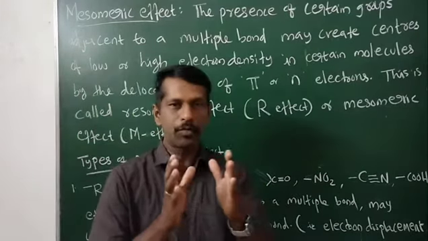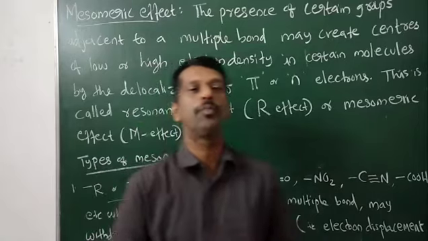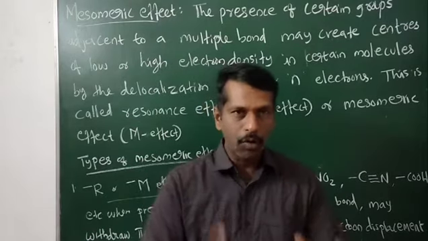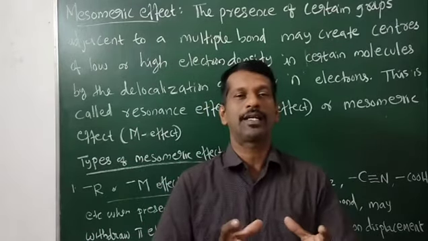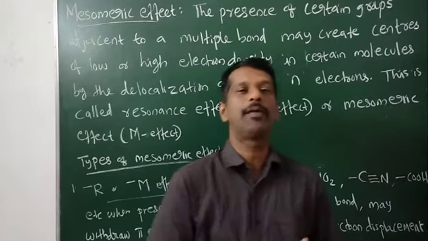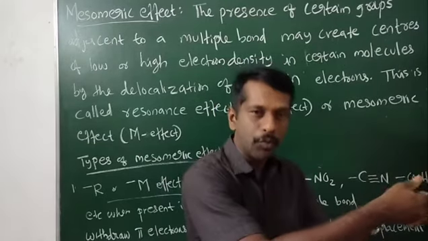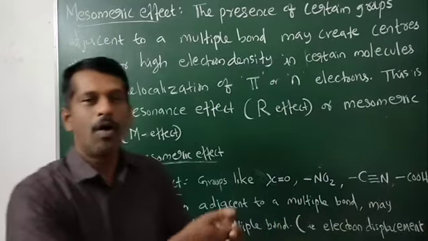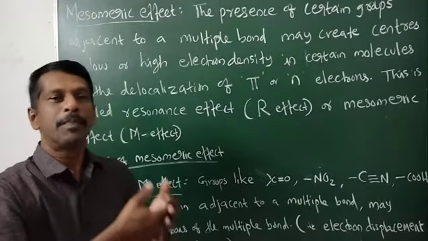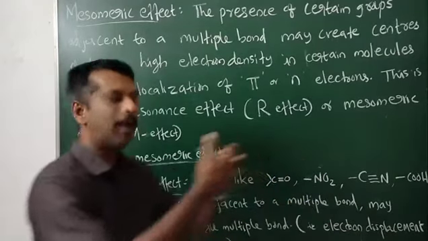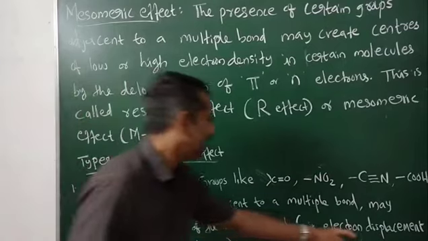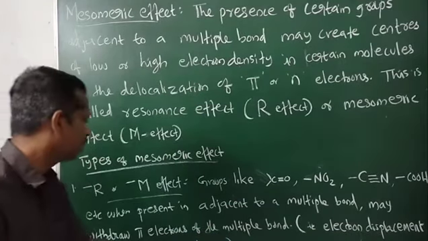So when groups like CO group, CN, CHO, NO2, etc. are adjacent to the multiple bond, what will happen? These groups will withdraw the pi electrons of the multiple bond. That is electron displacement towards the attached groups.